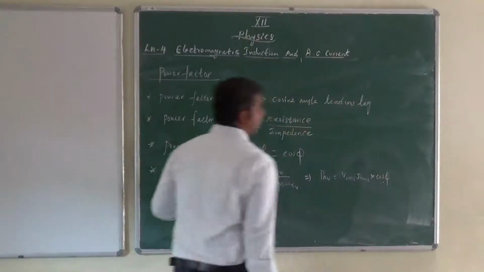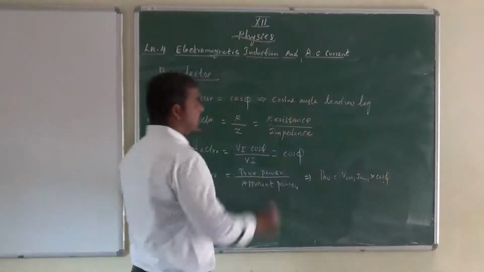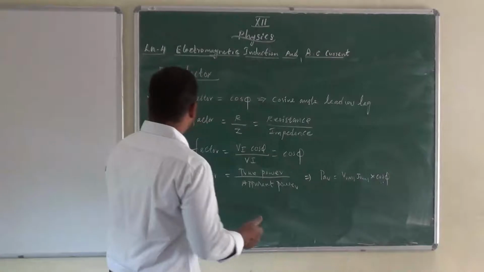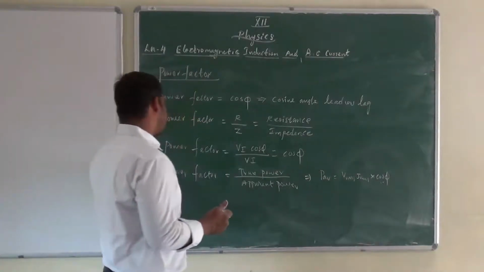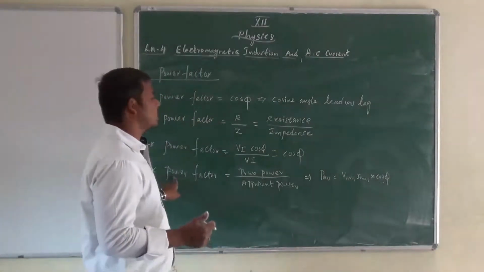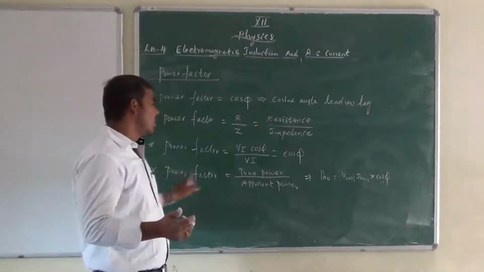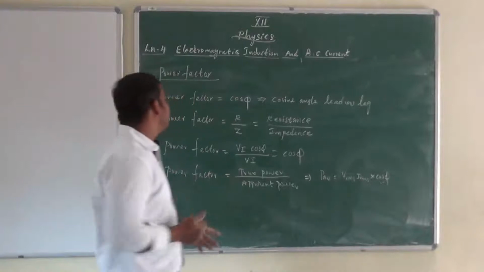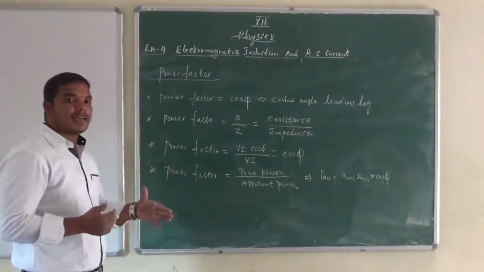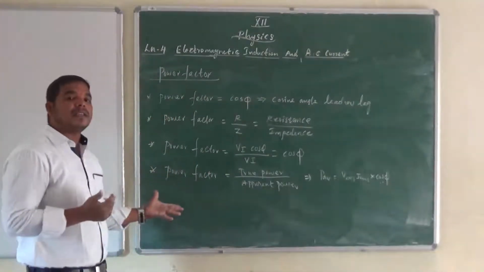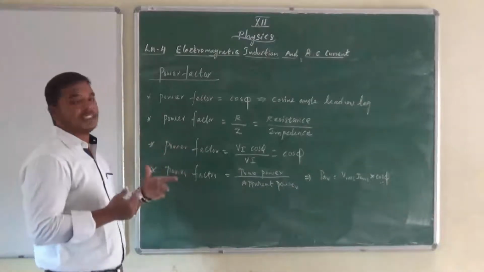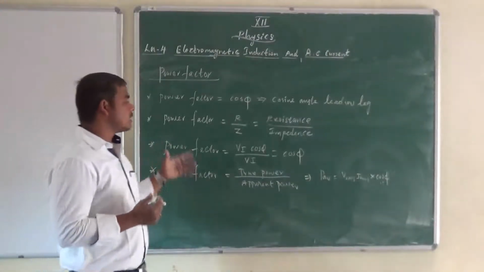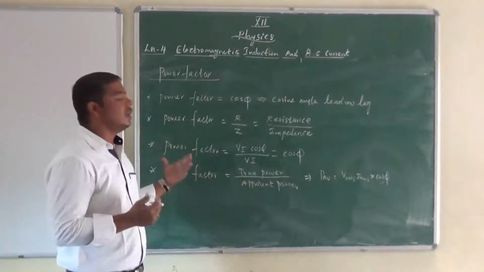What is this power factor? If you keep this cos phi on the right side, if you take the power factor, that is also known as true power, as I said just now. So true power by apparent power. We can calculate the power factor in many ways. We can apply them in suitable conditions, suitable places.